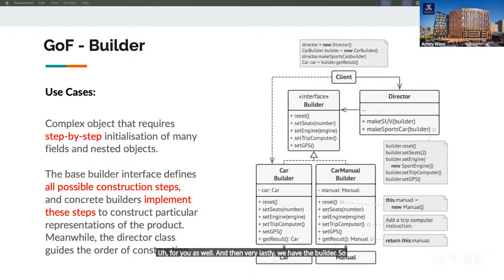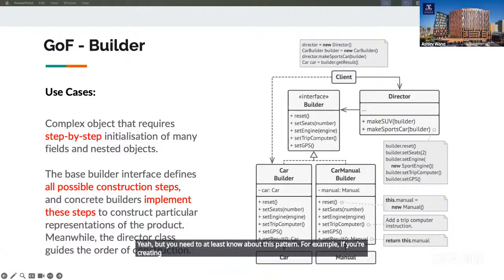With builder, the use case is about a complex object that requires step-by-step initialization. This one, I think you see a bit less in the exam just because it's usually quite complex. But you need to at least know about this pattern. For example, if you're creating a car, a car is usually quite a complex object. It can have, I don't know, more than 100 components.